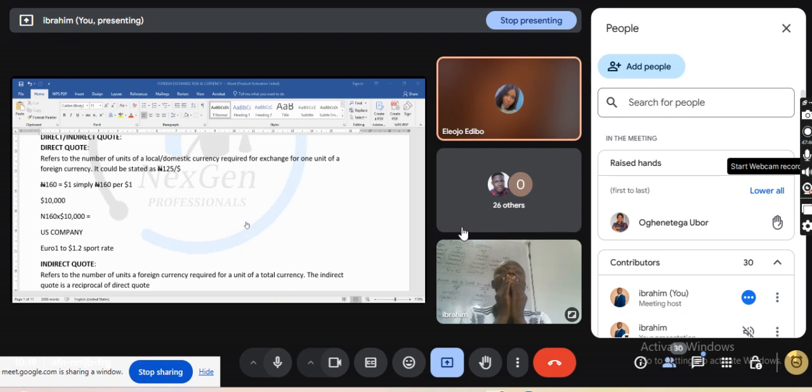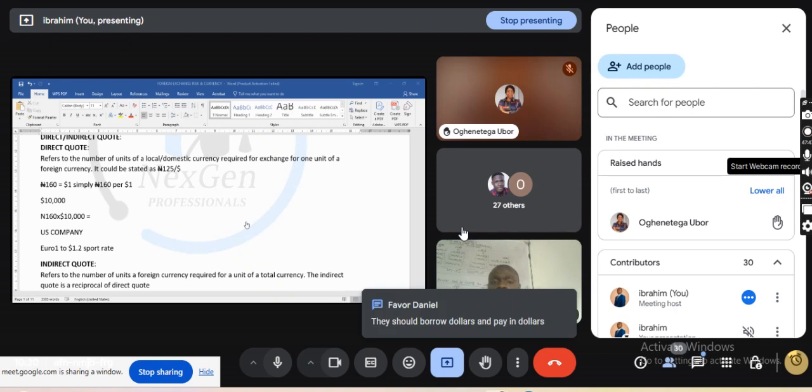Now, why do you want to determine the direct quote? That is a very good example. A Nigerian company with a subsidiary: is it the subsidiary that wants to buy or the Nigerian company? The branch in Germany wants to buy, but the company is a Nigerian company. The company that is buying is the one in Germany.